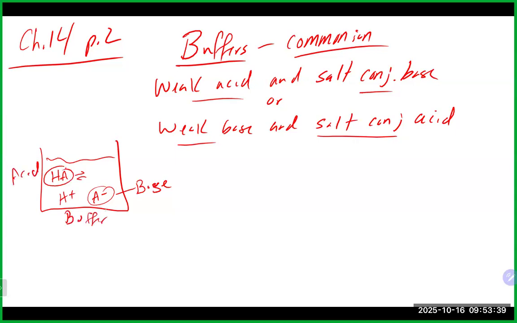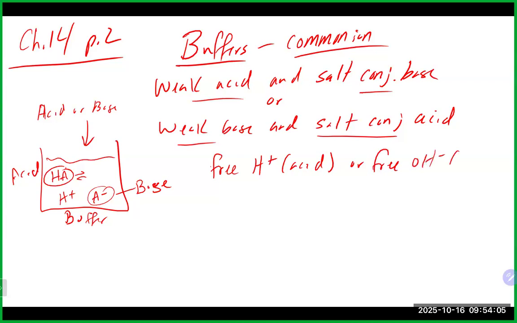And that's really helpful because when you add additional acid or base to this buffer, because there's both an acid component and a base component in the buffer, it basically will prevent the formation of free H plus when you add acid, or free OH minus when you add base.